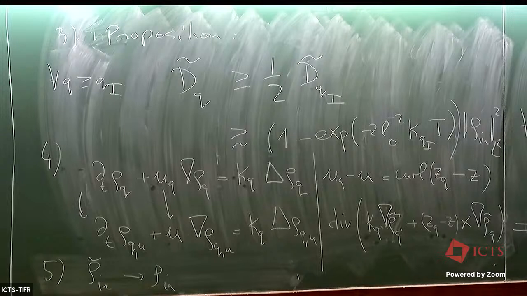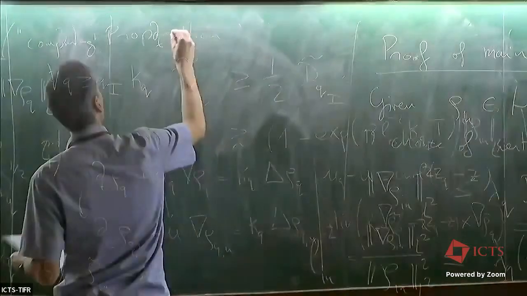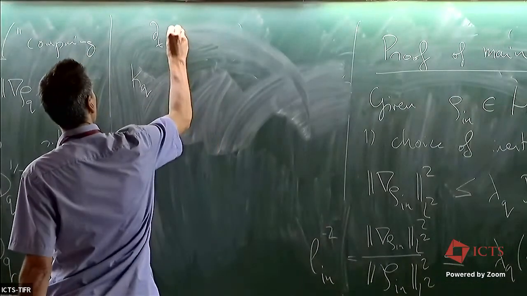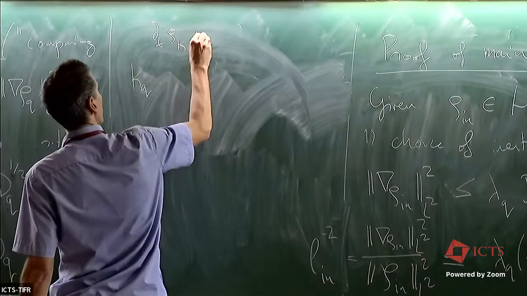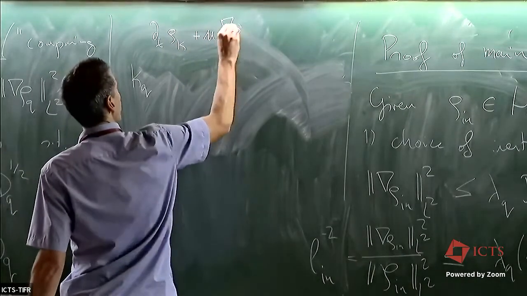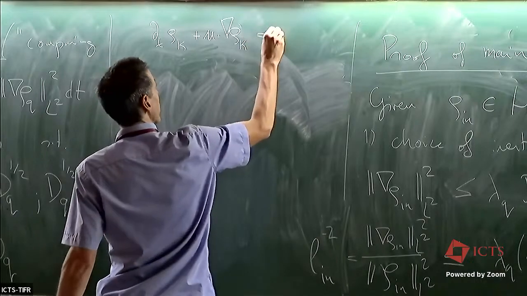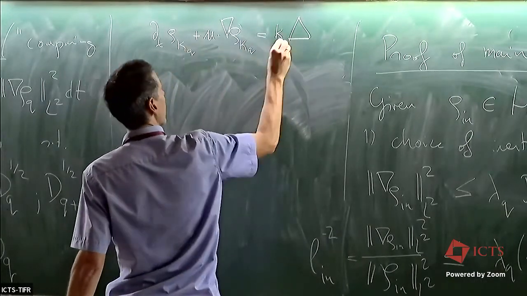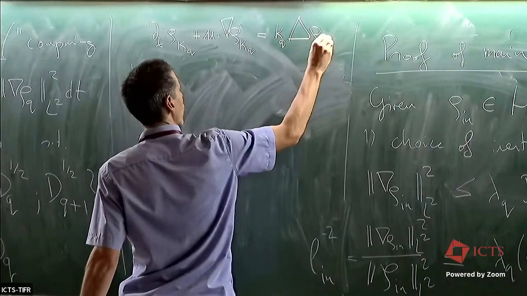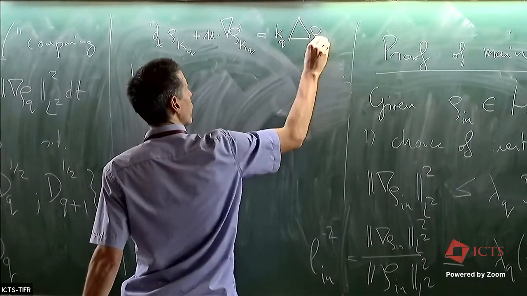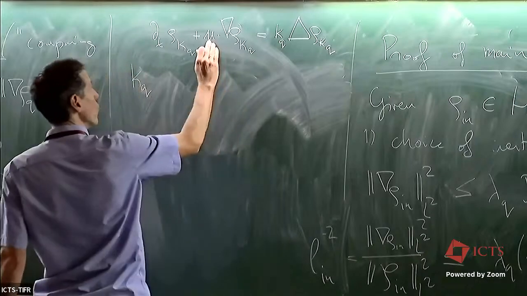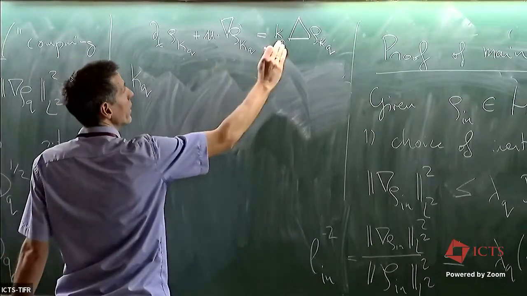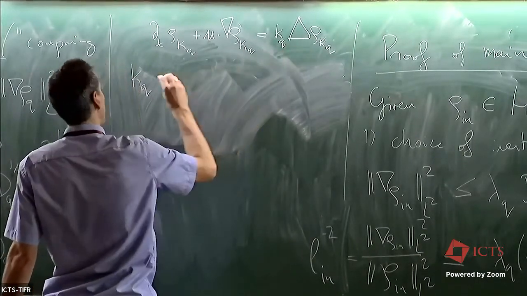So for the final equation, rho kappa u dot grad rho kappa equal kappa q rho kappa q. Okay, so there's u. I have the full vector field. I have some dissipation.